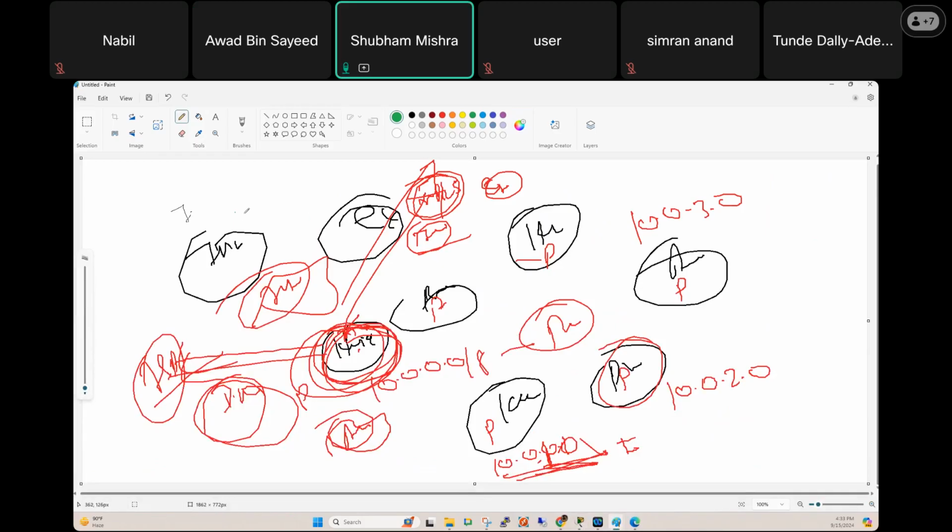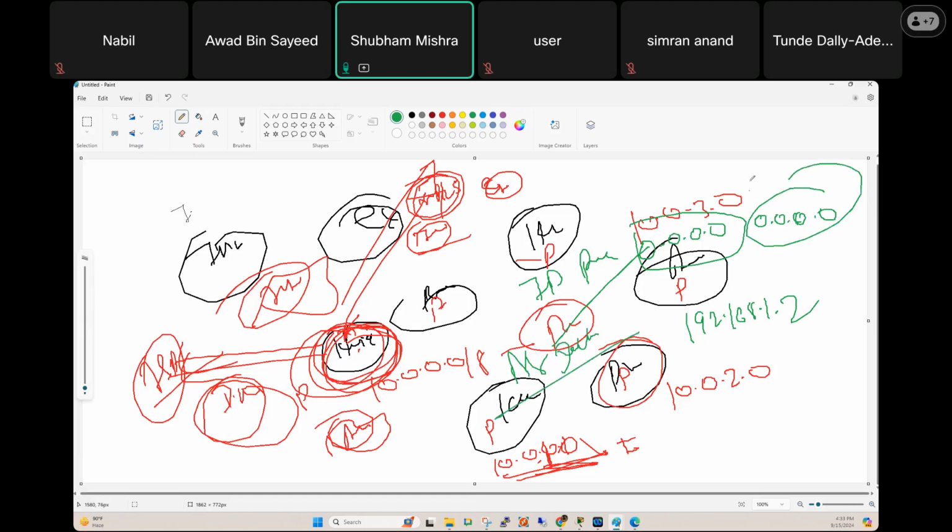It is the destination, actually. Please understand, don't confuse. 0.0.0.0, next hop is 192.168.1.2. It means any destination, guys, not source, and with any subnet mask, need to forward this packet towards 1.2. Done?